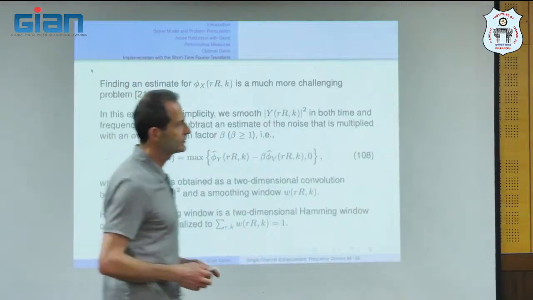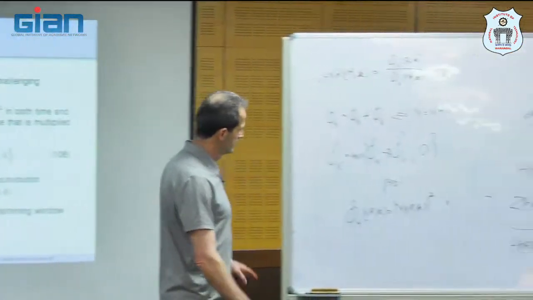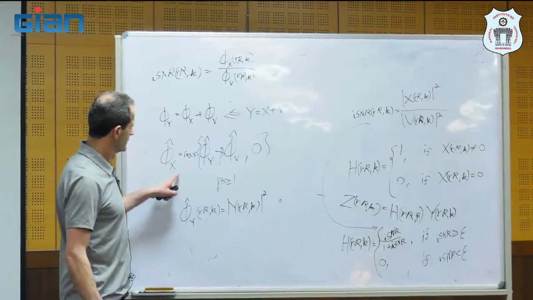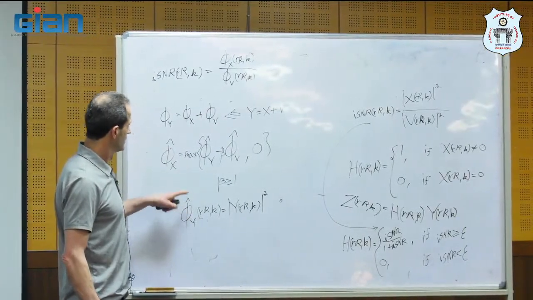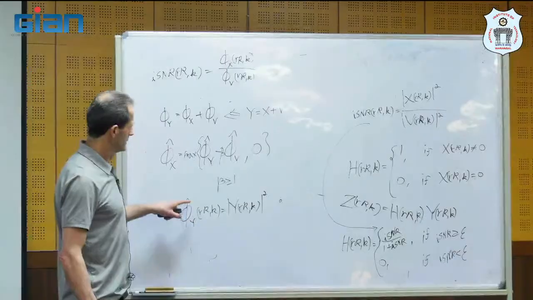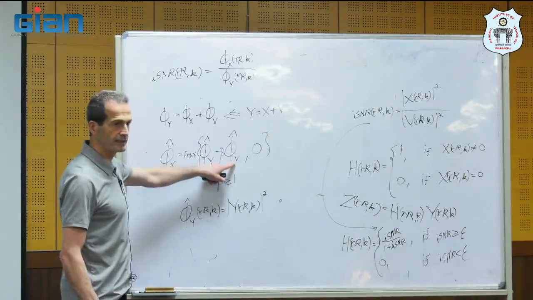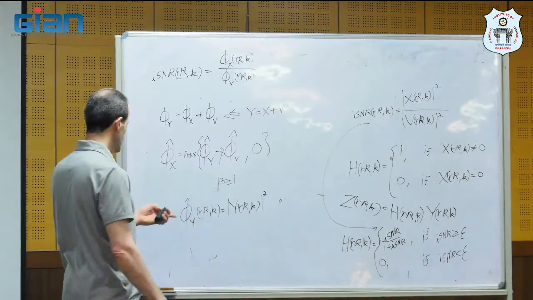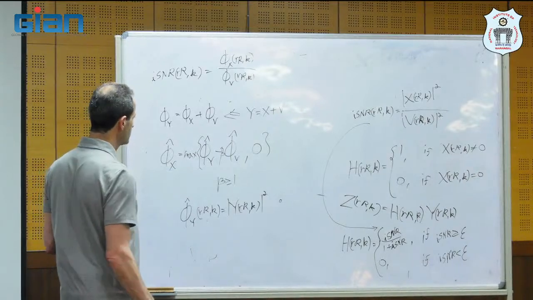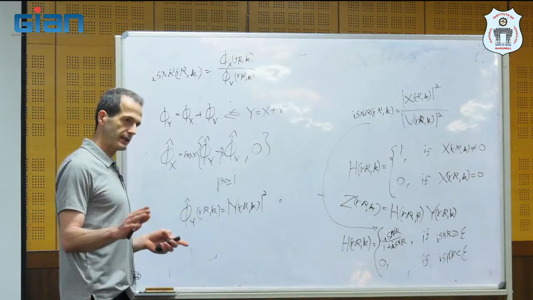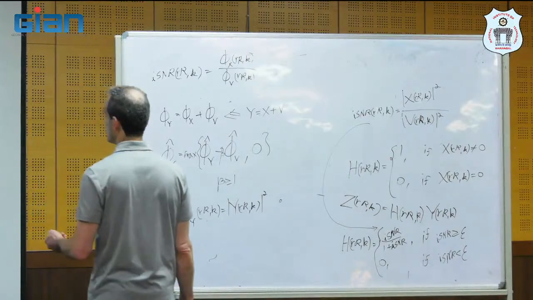How do I estimate what? Which one? This, V? So this is what I said, that suppose that I have a voice activity detector here.